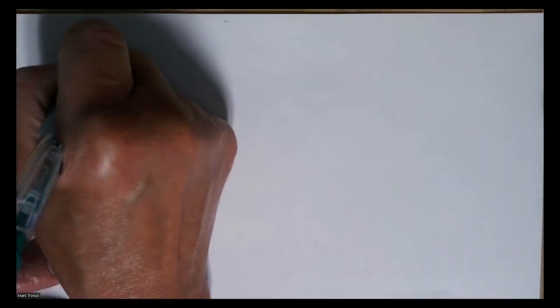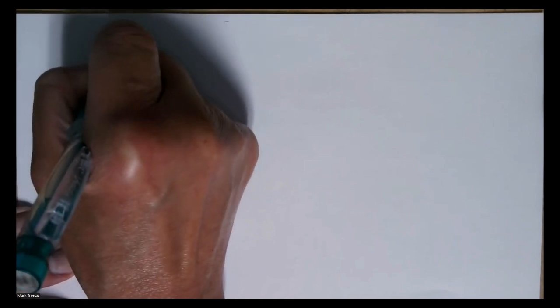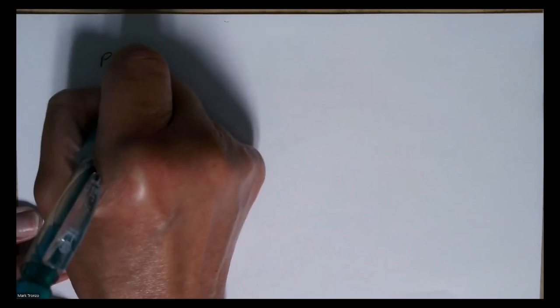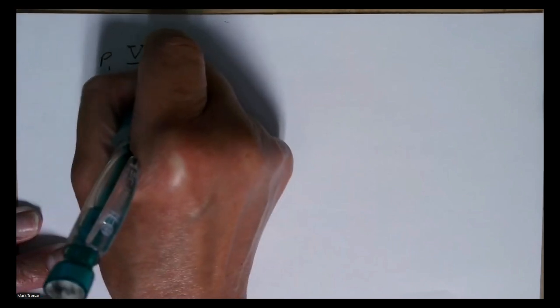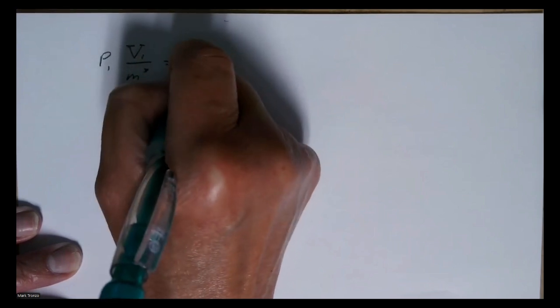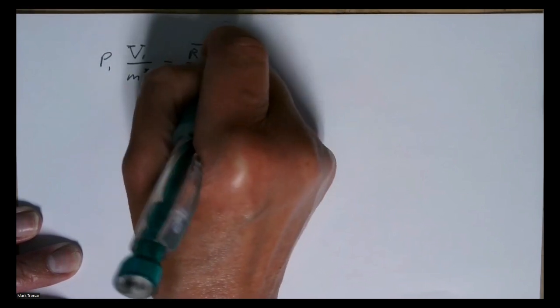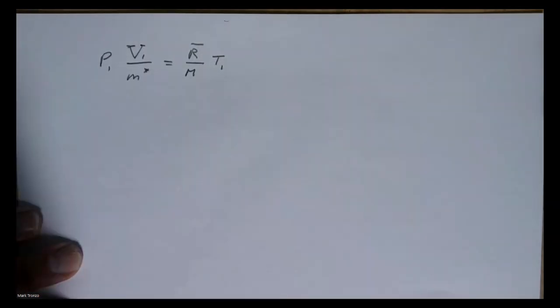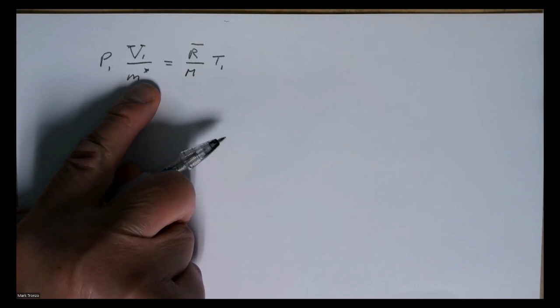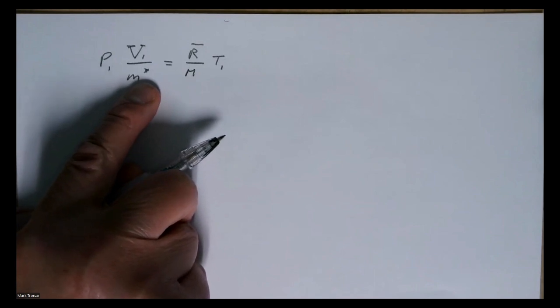And so let's remember, P1 V1 over M is going to be equal to R over M T1, like this. And I put the mass as a star so that we can distinguish it from meters. So we want to solve for the mass.